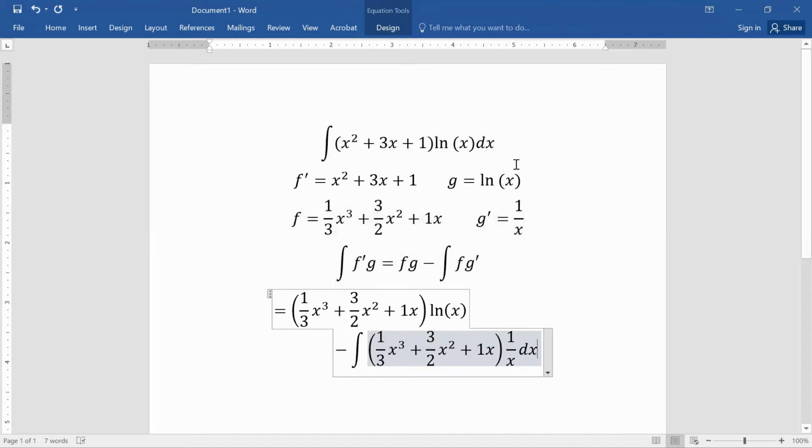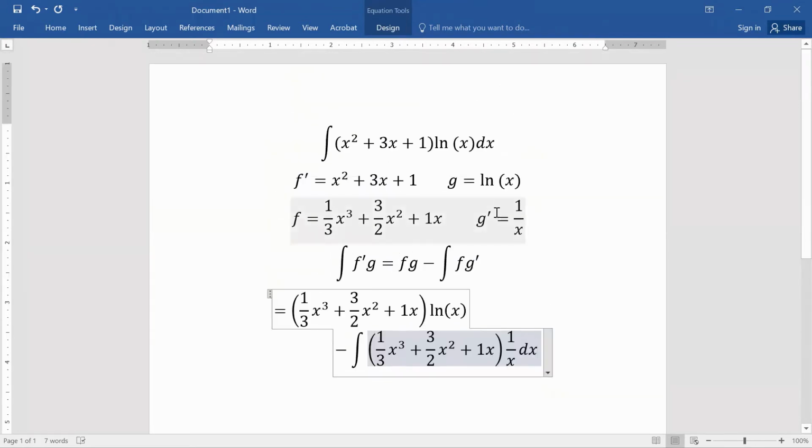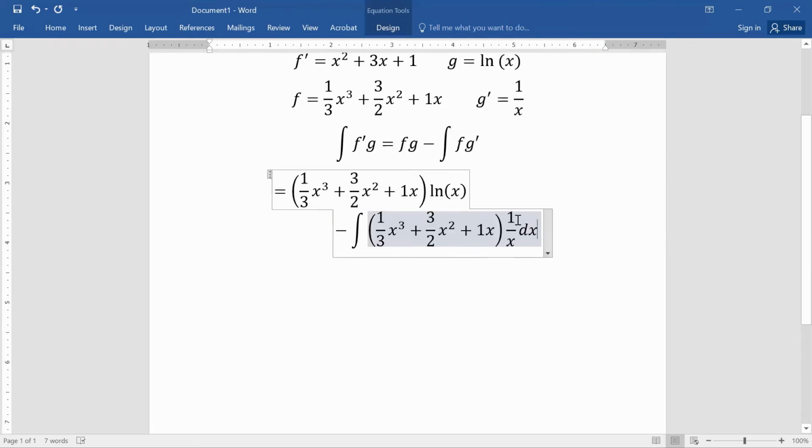The second reason that we all like to use natural log as your g: not only is the derivative something I know, but also this 1 over x can be distributed into any polynomial that we want.